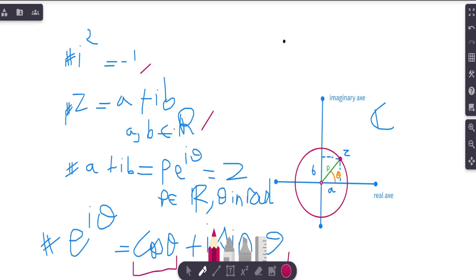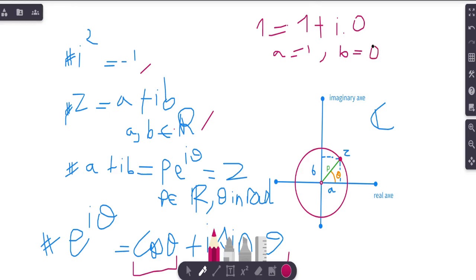So for example, every real number is a complex number because, for example, let's say 1. So 1 can be rewritten as 1 plus i times 0. So we would have a equals 1 here, and b equals 0.